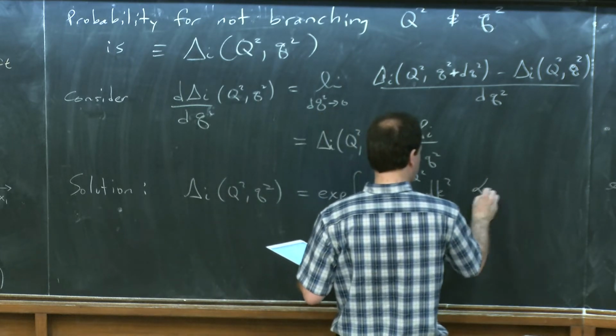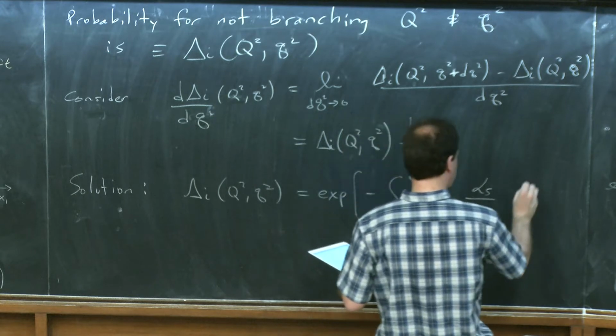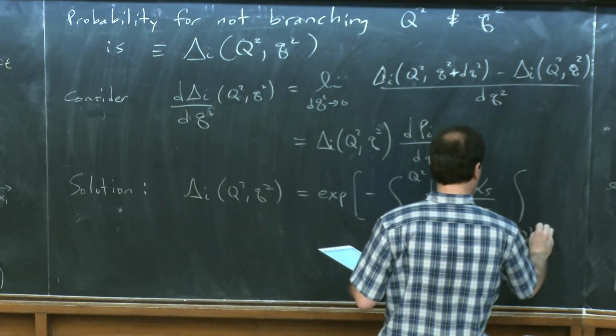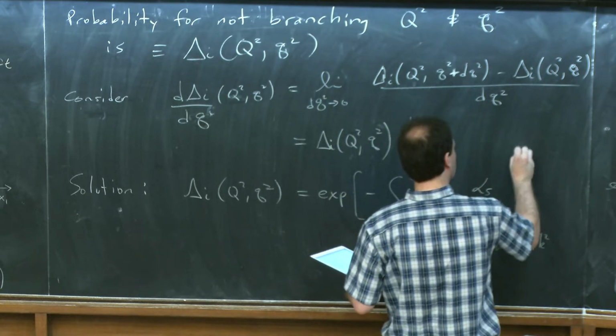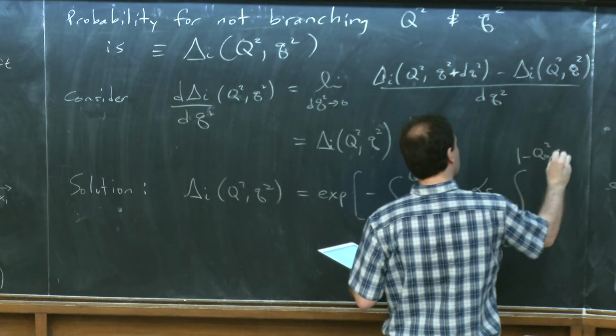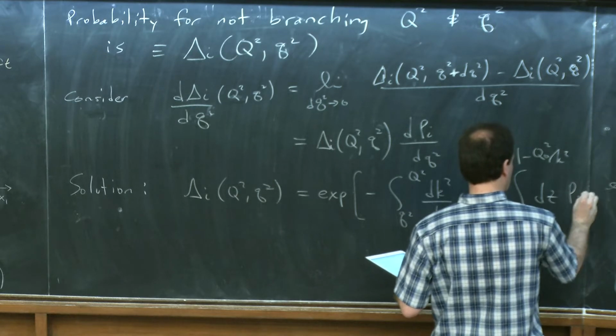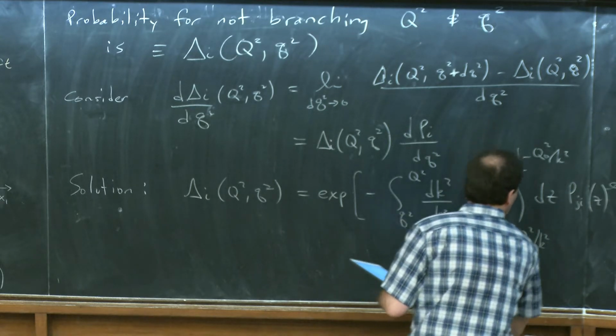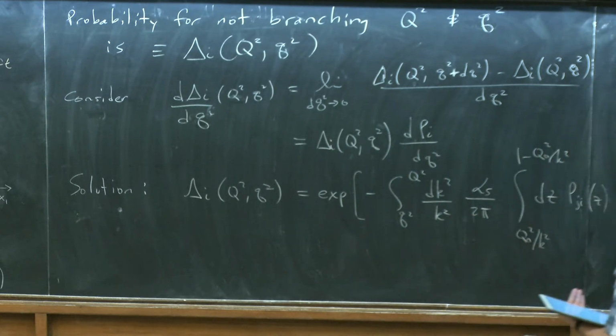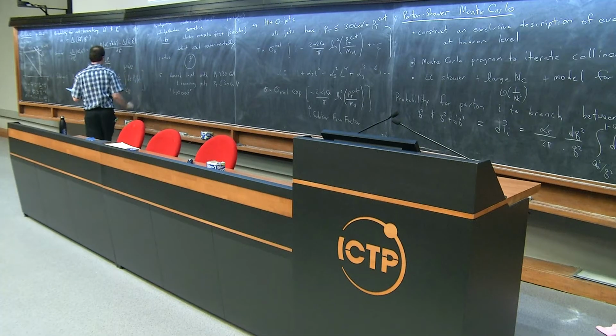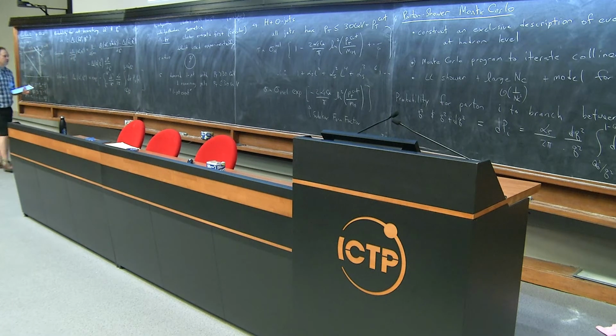So this is the way the solution looks. Okay, so that's the solution of the differential equation. So this is the no branching probability.